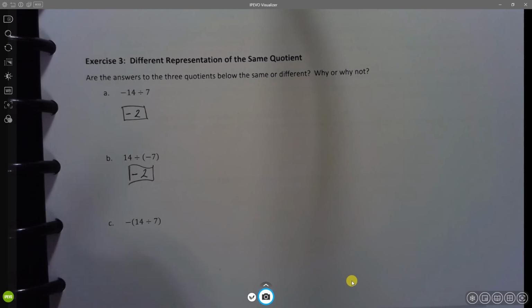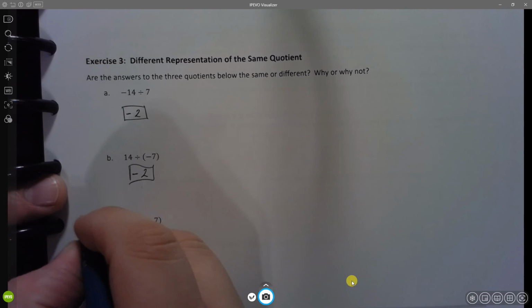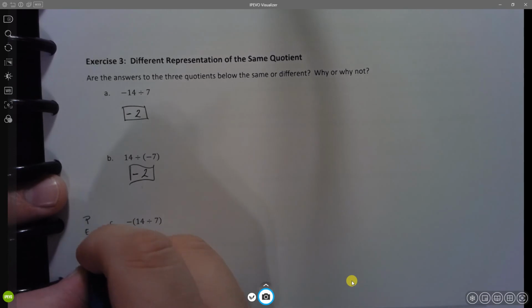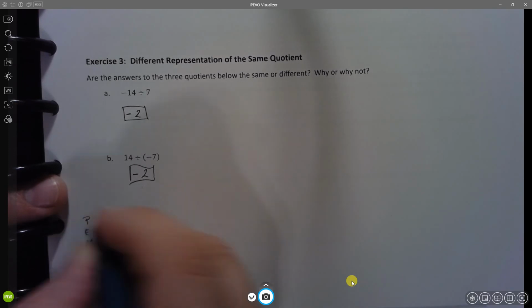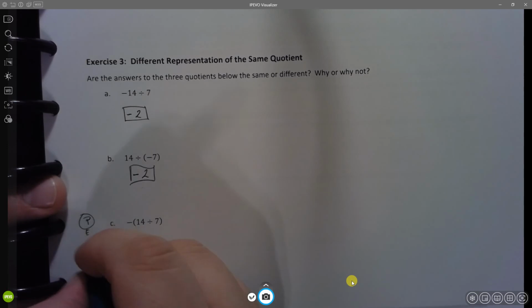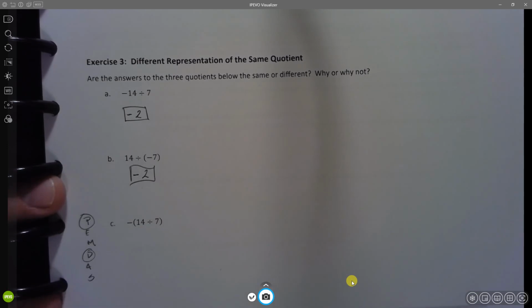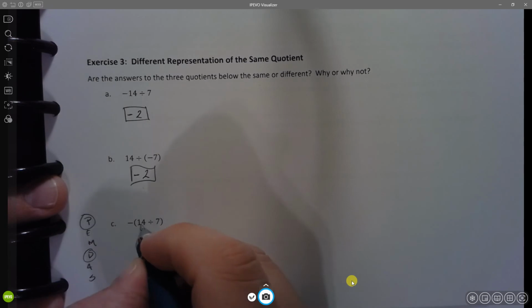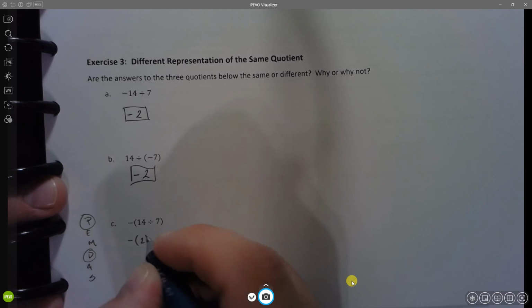Now, we have to follow PEMDAS, the rules of our order of operations. In this case, the parentheses comes before the division. So we have to do the parentheses. 14 divided by 7 is 2. Negative, and then parentheses 2.